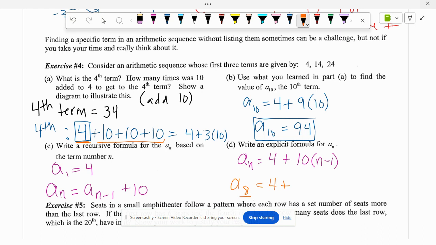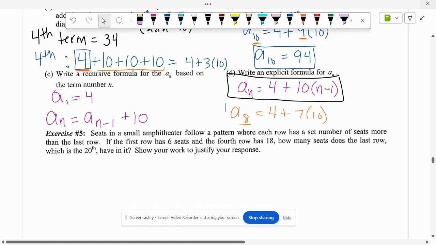But then what did I multiply by? What did I multiply my 10 by? Look up here. If I was looking for the 10th term, what did I multiply by 10? I'm going to multiply by 7 times 10. And that's what n minus 1 is. Your n minus 1, 8 minus 1 is 7. Okay, so this is your recursive definition. Or, sorry, your explicit definition. This is your explicit.